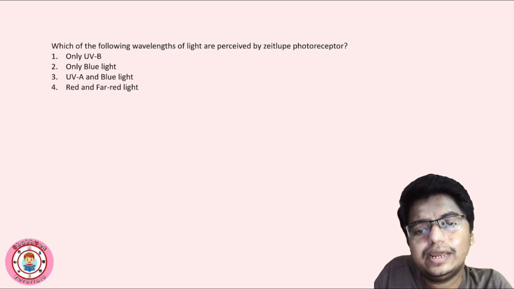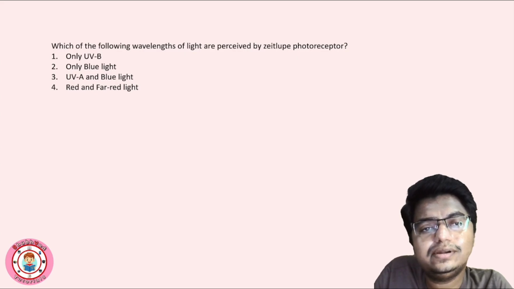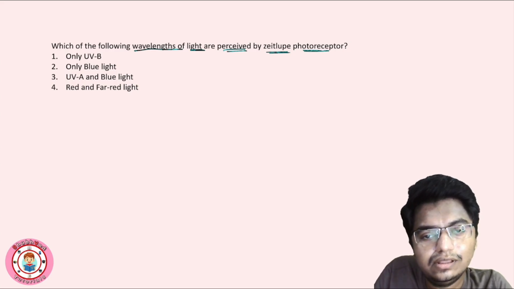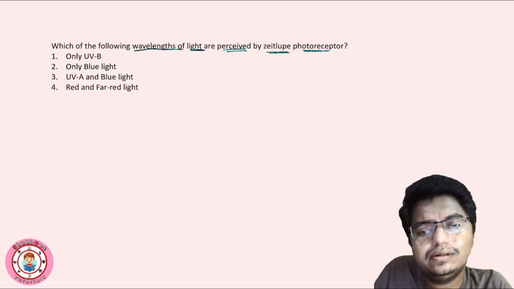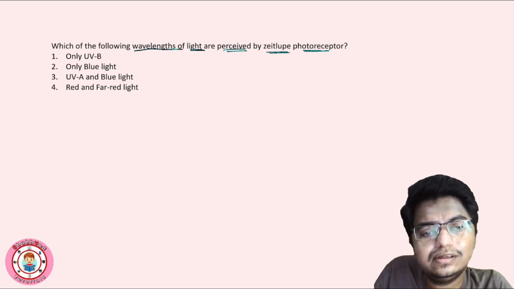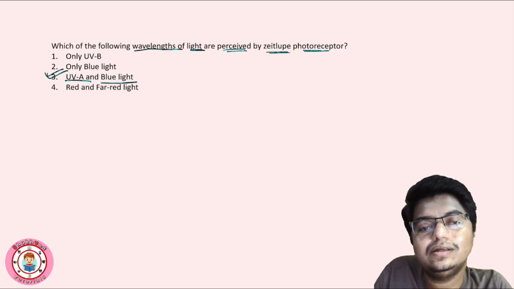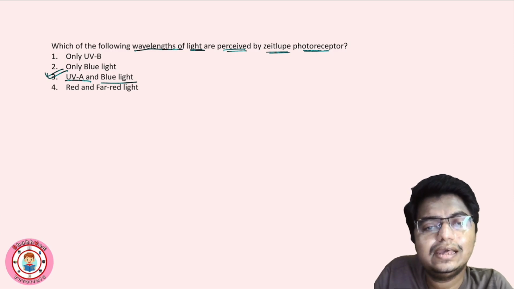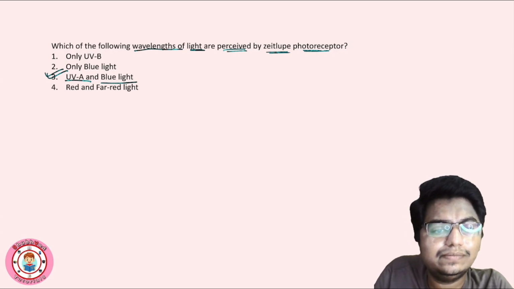Now this is also a direct question from plant photoreceptors, right? Which of the following wavelengths of light are perceived by the Zeitlupe photoreceptor? The Zeitlupe photoreceptor perceives UVA and blue light. Option number 3. Okay, UVA, ultraviolet A and blue light.